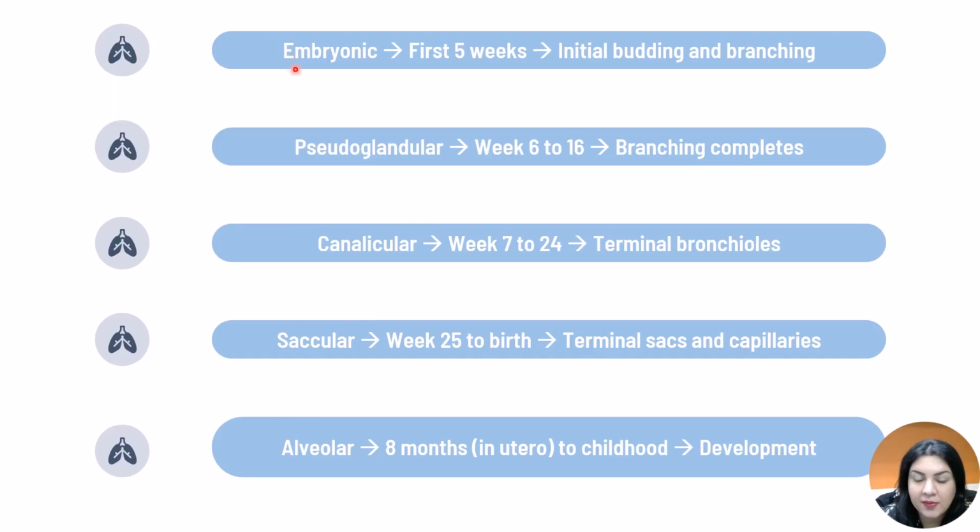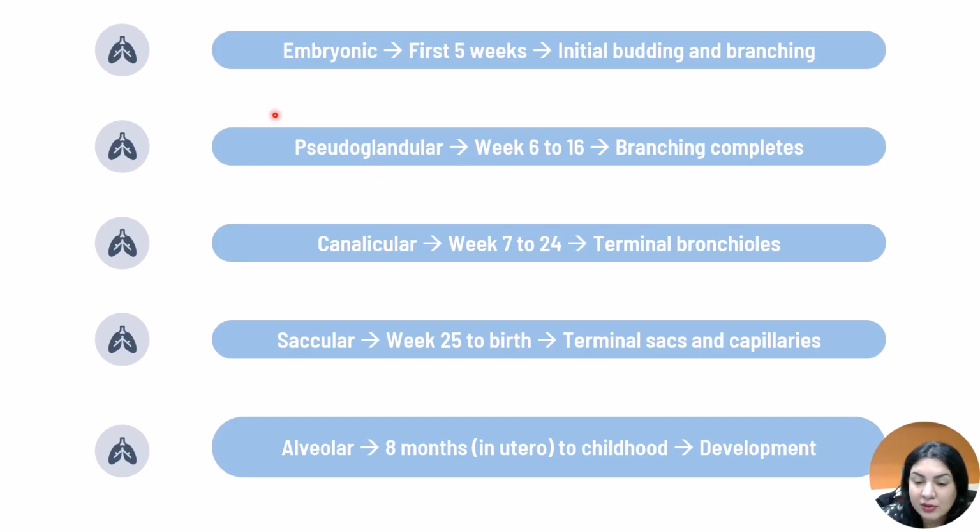Now, from the top, the embryonic stage right at the beginning spans those first 5 weeks of development, and that's our starting point here. It's during this embryonic period that we start to see a lot of the initial budding and the initial branching happening within the respiratory system.